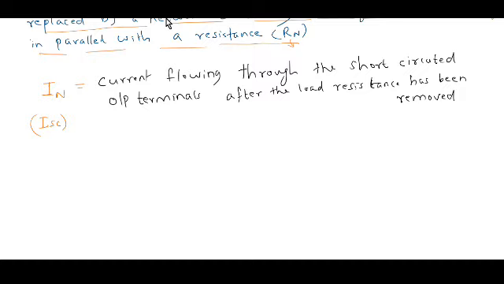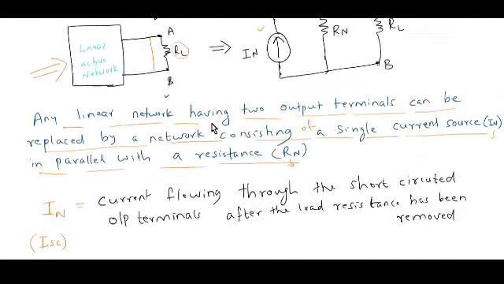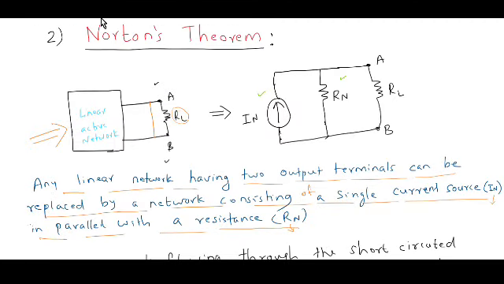Fine. Now what is the meaning of RN? RN is the total resistance measured at the output terminals after replacing all the voltage sources by their internal resistance. If you come back to this picture, the statement will be clear. Remove the load resistance and replace all the voltage sources by their internal resistance in the linear active network.